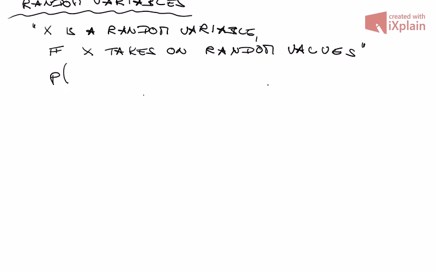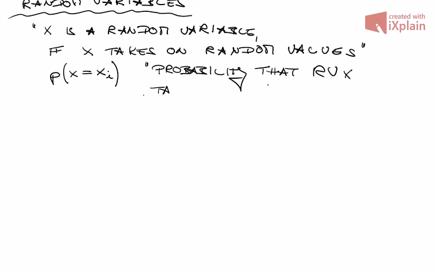P(X = xi): you should read this as the probability that the random variable X takes on the value xi. This is what this P brackets X equals xi should mean.